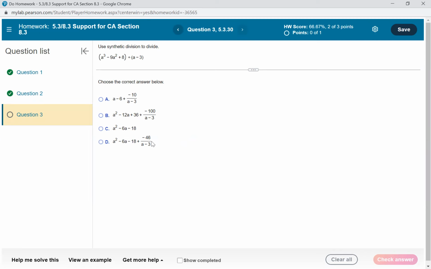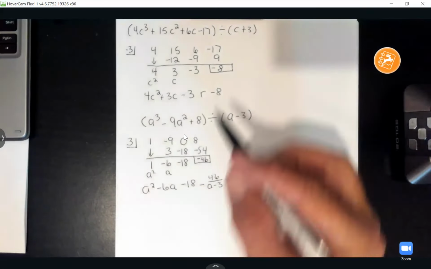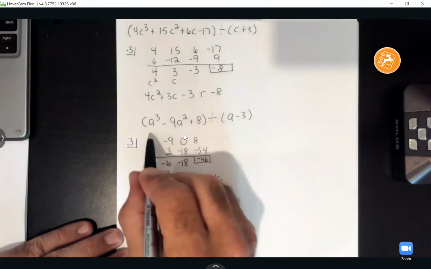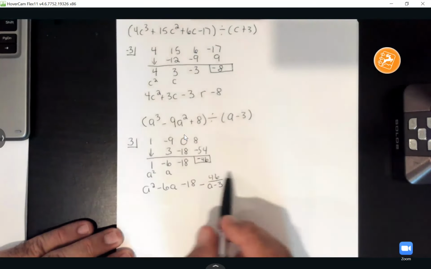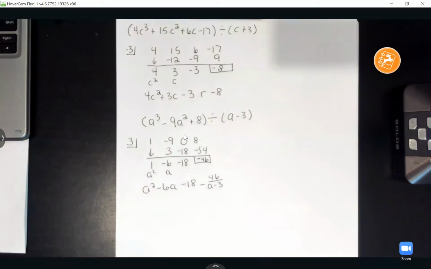So y'all, that's the trick on those. Doing a little synthetic division. And remember, support, we was only finding these quotients and remainders, okay? So on algebra, we used it to find function values and to determine if something was a 0 or not.